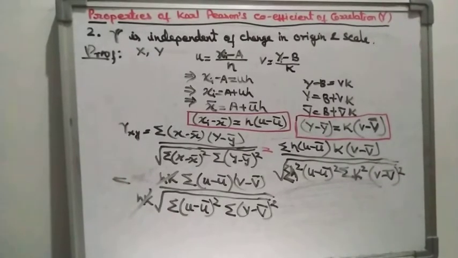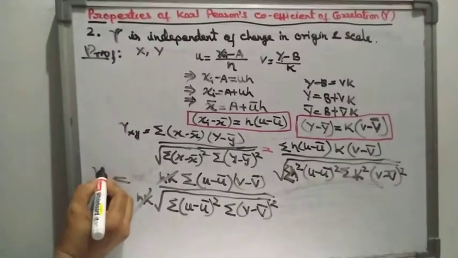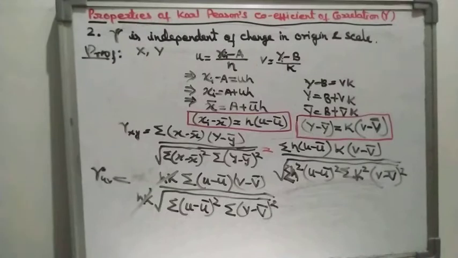So this is your R of uv. R of uv is the same as this, just in place of x you have to write u. So there is no change in the formula. So R of xy is equal to R of uv, hence the proof.